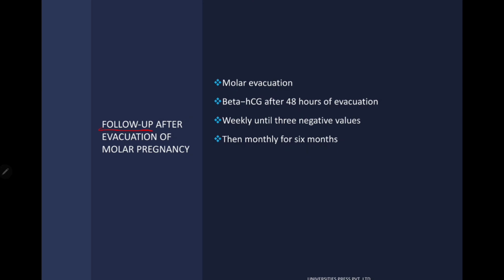Now, follow-up after evacuation of molar pregnancy is very important. How are we going to do this follow-up? After molar evacuation, beta HCG should be monitored after 48 hours of evacuation.